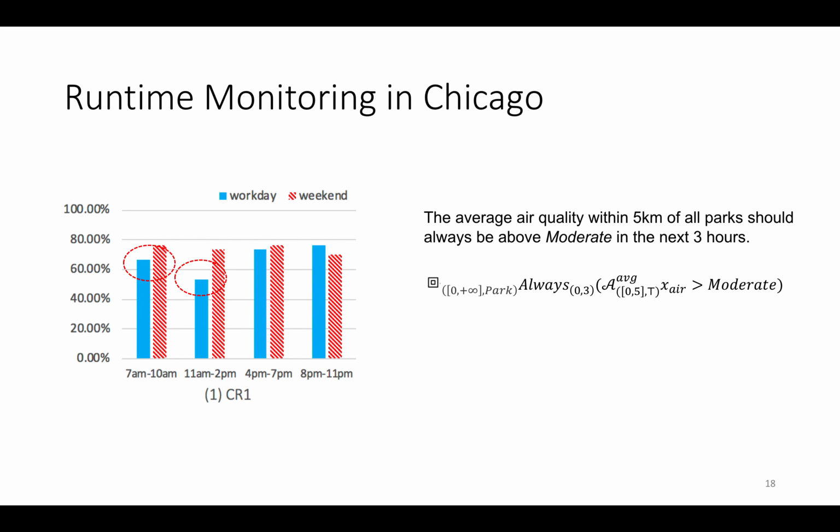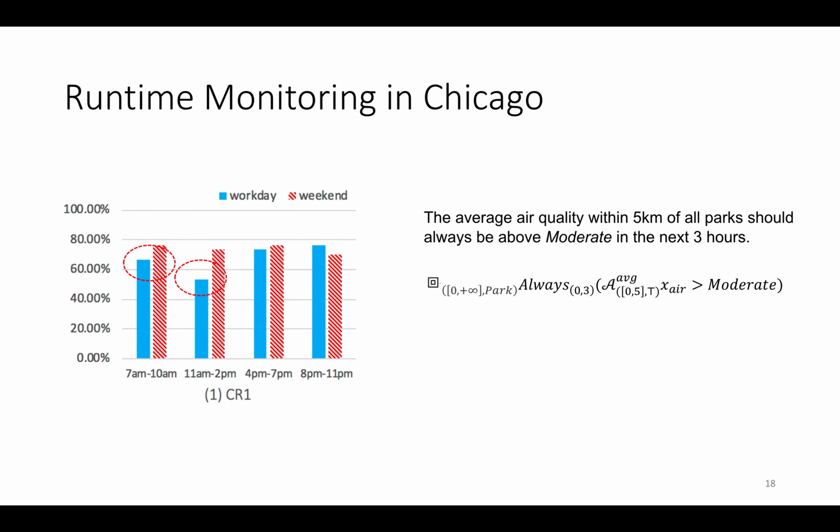So let's look at some examples from the results of runtime monitoring in Chicago. First, this is a requirement on the air quality within 5 kilometers of all parks, and this should be always above moderate in 3 hours.